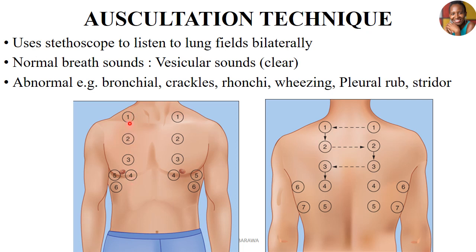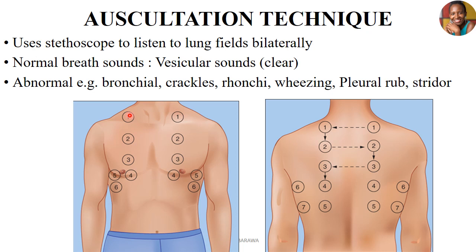As you can see on this diagram, it's properly shown on numbers 1, 2, 3, and 4, both at the front and the back. And then we will utilize the mid-axillary line. The mid-clavicular line and the mid-axillary line are very important lines for us when we're auscultating our patient. And just like we've said, we are going to do this bilaterally.